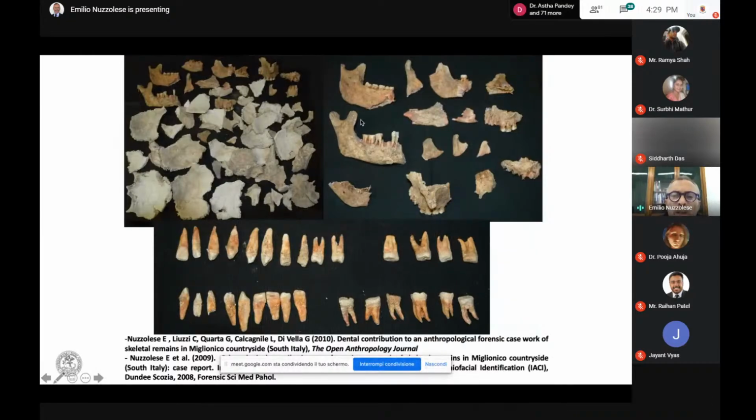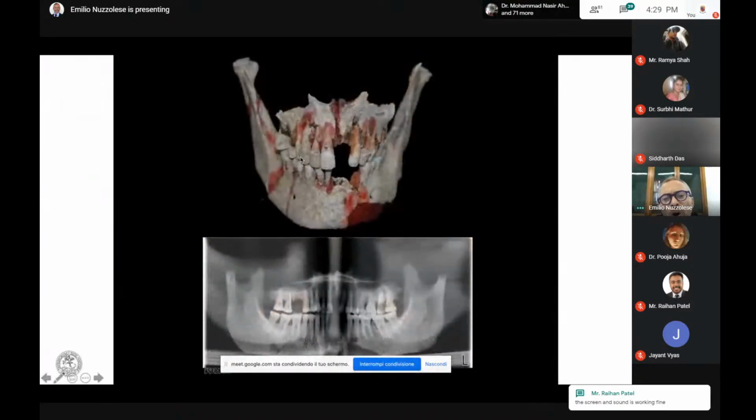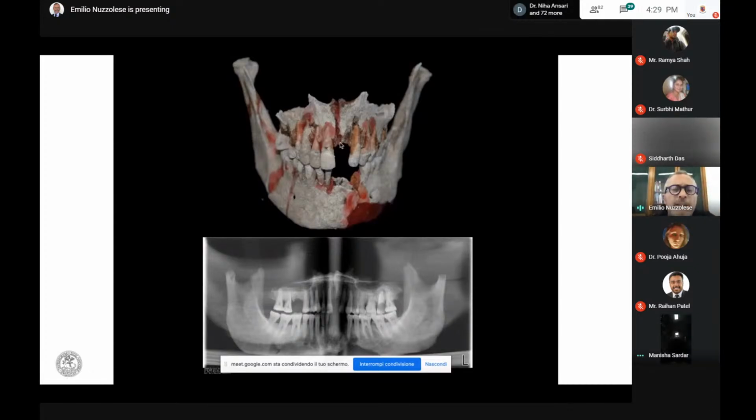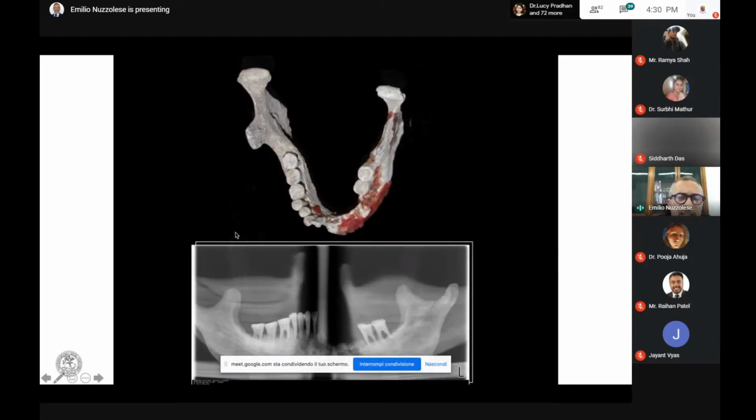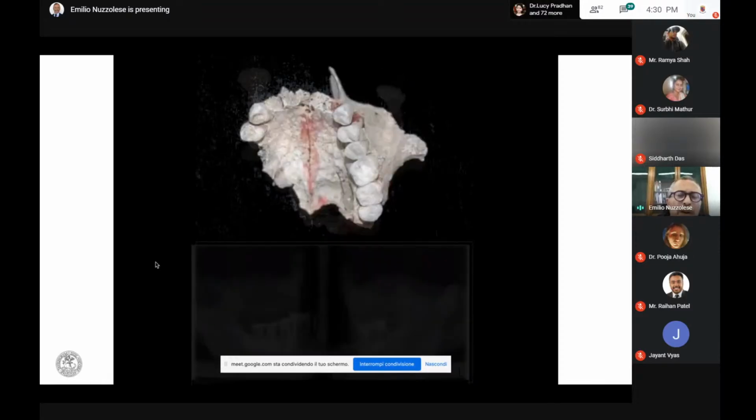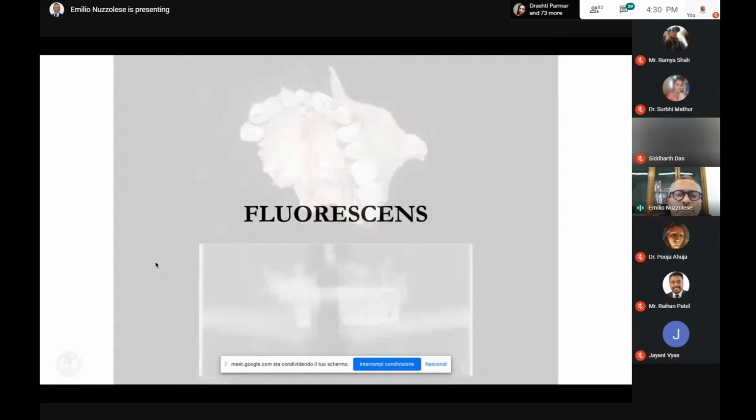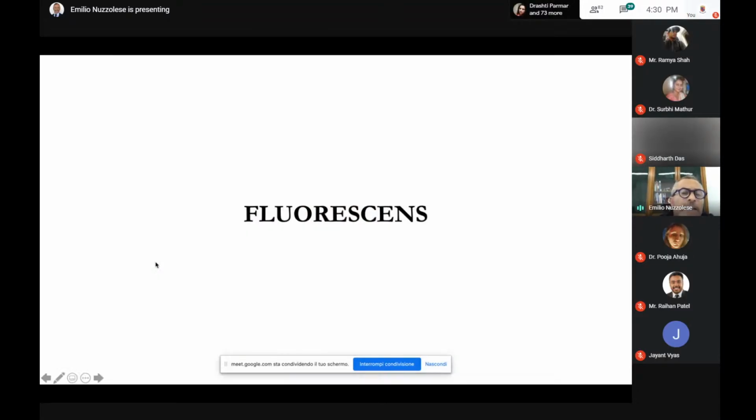Teeth were loose, with fragments of jaws and mandibles. Out of those fragments, I put the teeth back in their own alveoli, and I achieved the reconstruction of jaws, teeth, and mandibles. And I also performed a panoramic X-ray of these three people that were found in this recovery site.